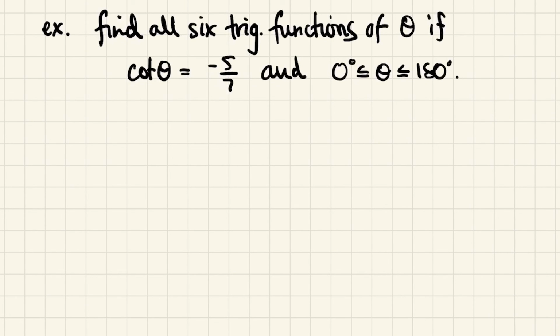Okay, something remarkable about trigonometry is that it forms its own sort of little mathematical ecosystem. What I mean by that is, if you know one tiny little thing, like that cotangent of theta is negative 5 over 7, and we know roughly where theta is located, which is between 0 and 180 degrees, so it's in the upper half plane, then we're going to be able to deduce the values of all 6 trigonometric functions.